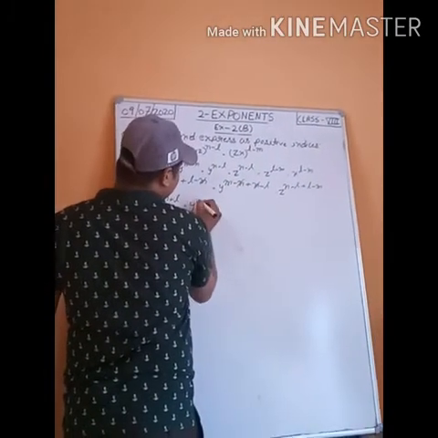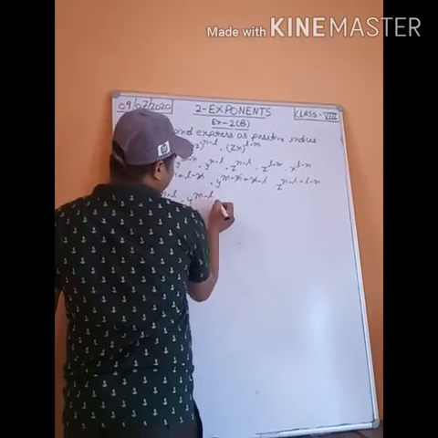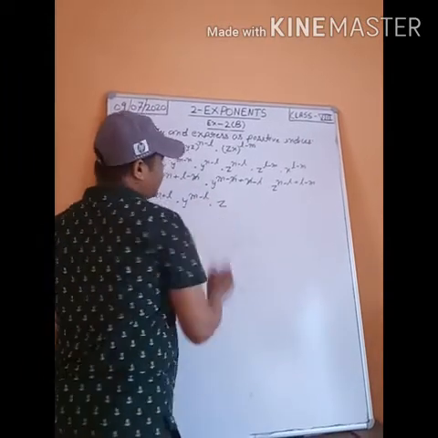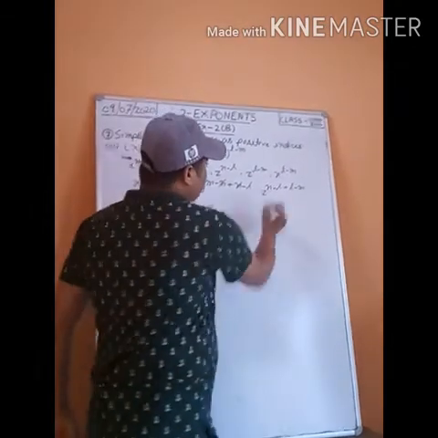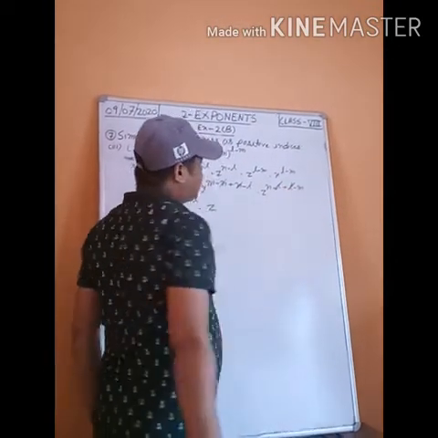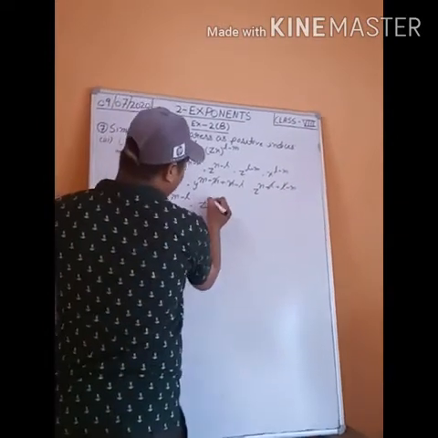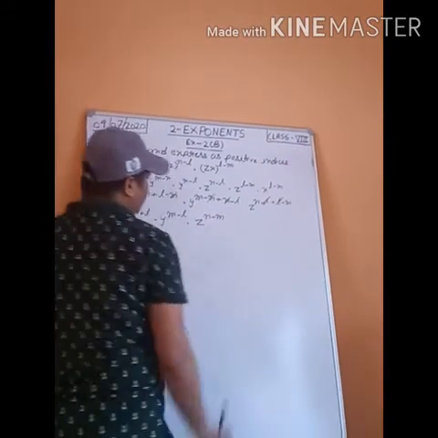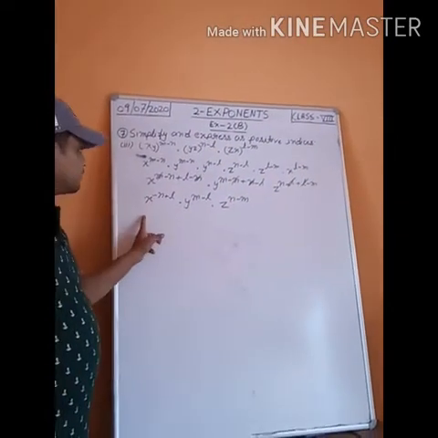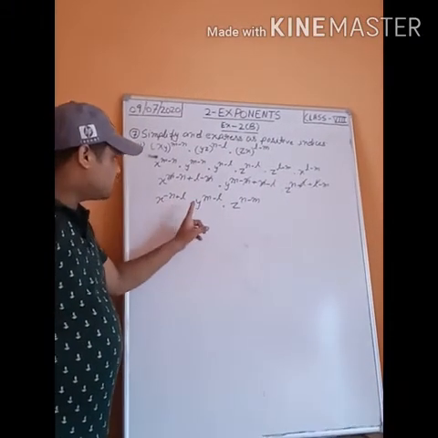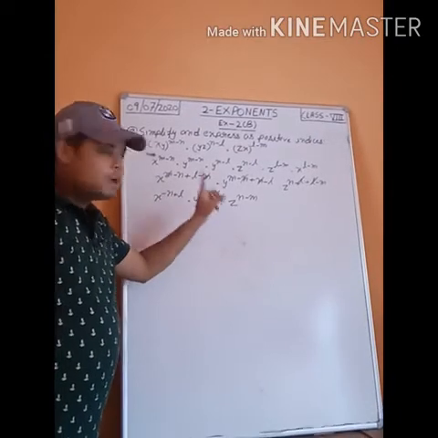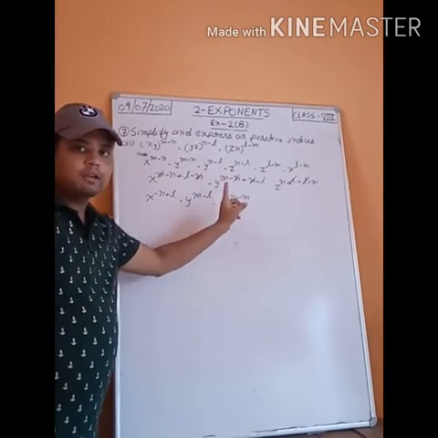So what is left? m minus l. Multiply z, n, any other n? No. Then minus l plus l cancel. What is left? n minus m. So this can be the answer: x raised to the power m minus n plus l multiply y raised to the power m minus l multiply z raised to the power n minus m.